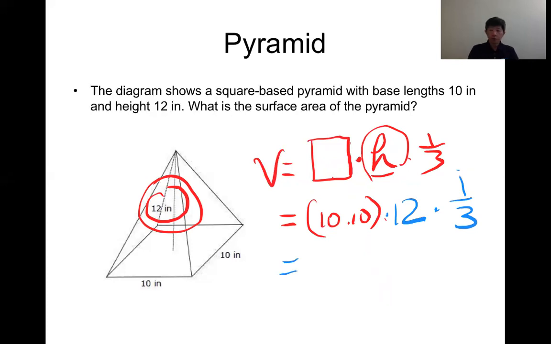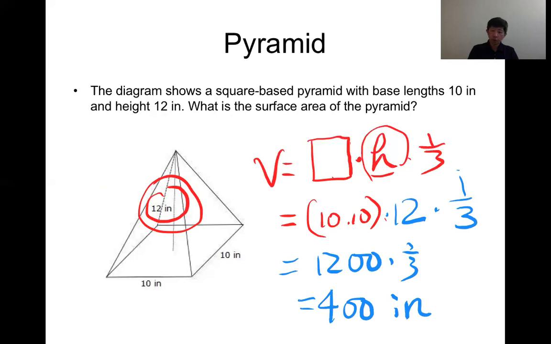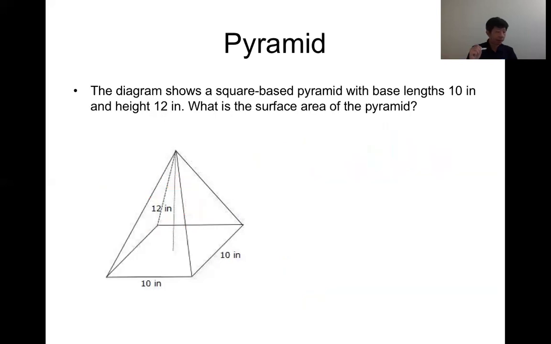Figure out 10 times 10 times 12. We got 1200 times 1/3, so we got 400 inch cube. This is how we find the volume of the pyramid.